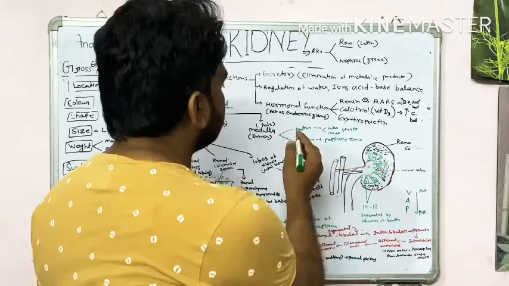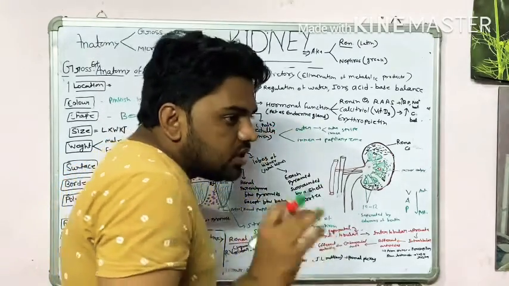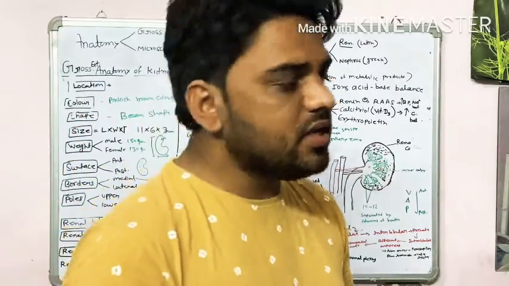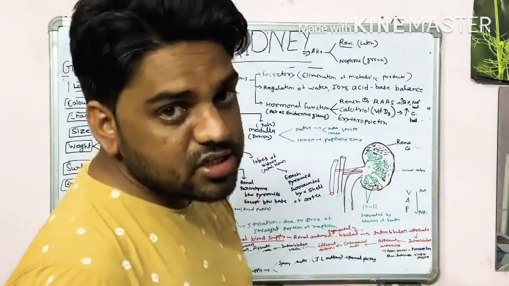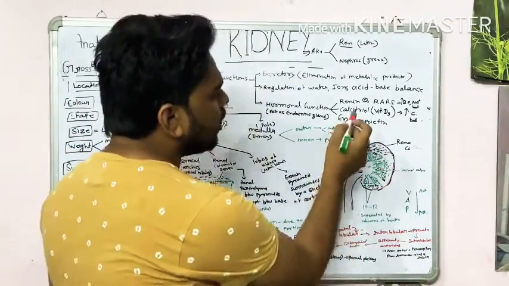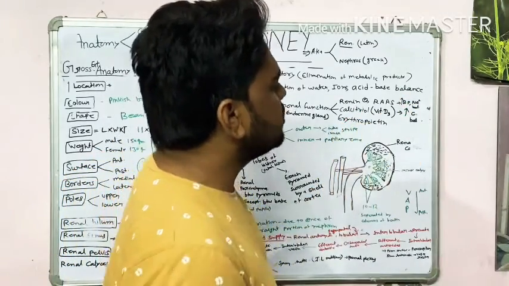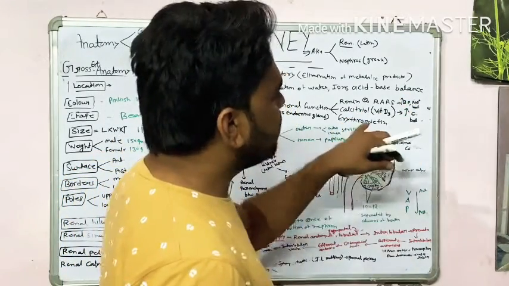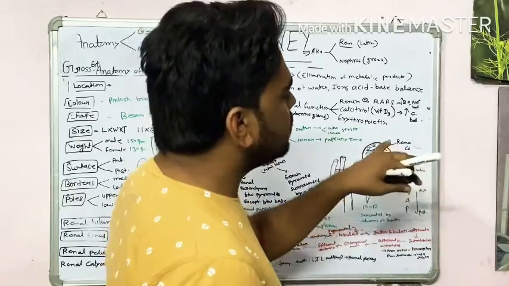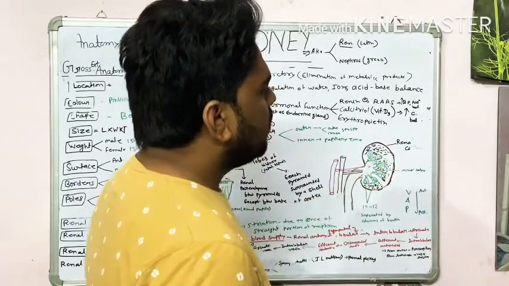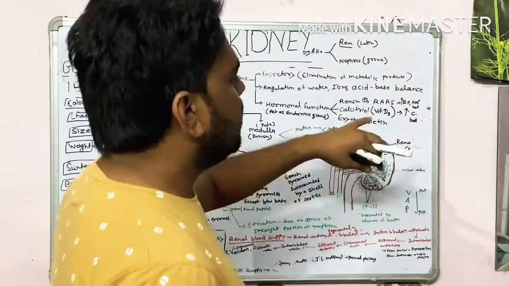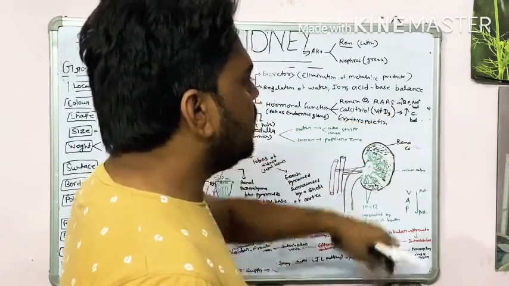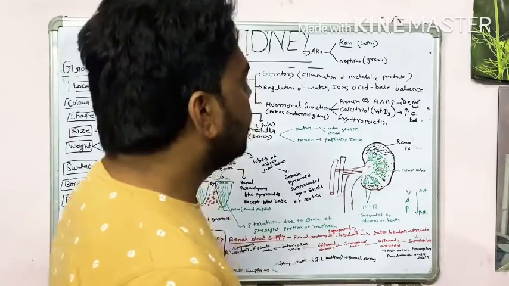Then third is hormonal function. The kidney also acts as an endocrine gland, which secretes some hormones. Renin hormone stimulates the RAS system, the renin, angiotensin, aldosterone system, which increases the blood pressure and also helps in sodium and potassium ion balance.